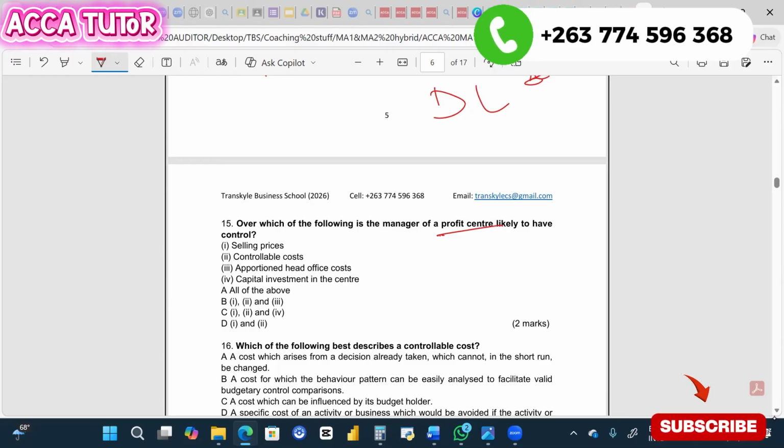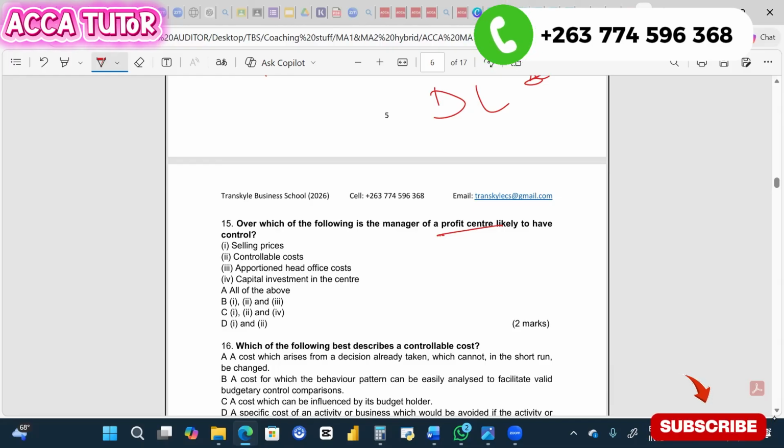I think a profit center is a place where all the trading takes place and all the money is produced.